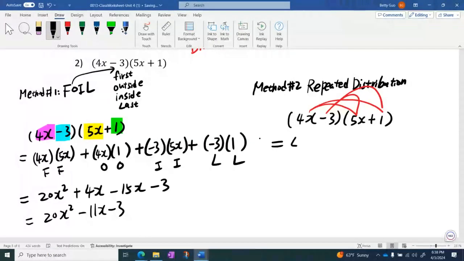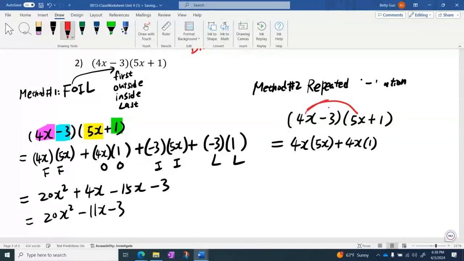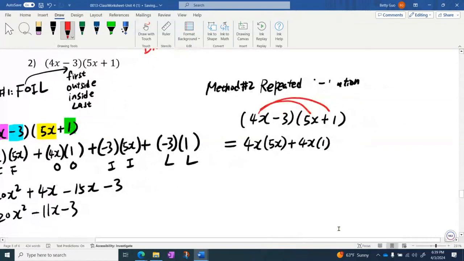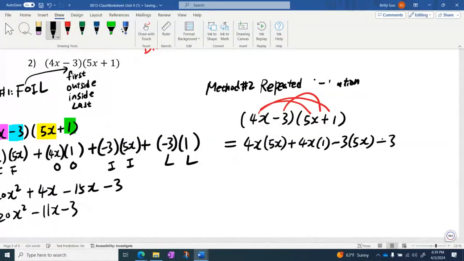So here, 4x times 5x, and then we have 4x times 1. And we're not done yet. And then we have negative 3 times 5x, and then negative 3 times 1.